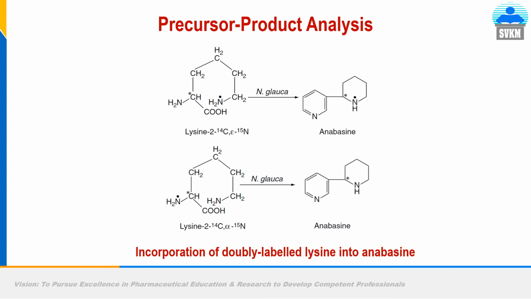For example, in case of enabasine, which is a secondary metabolite obtained from the Nicotiana glauca plant, we have to insert lysine. In this precursor product analysis method, you insert compound A and it will give you C. So A is the precursor, the reactant or the starting material, and C will be the product or the secondary metabolite.